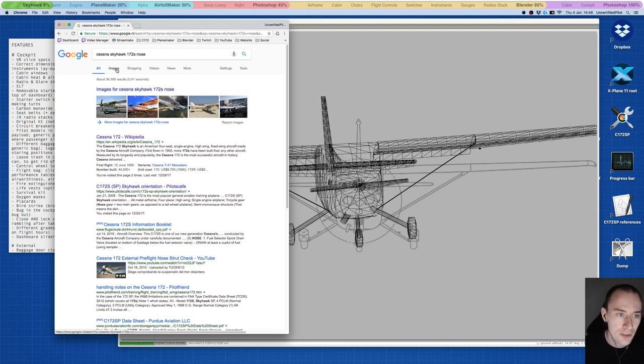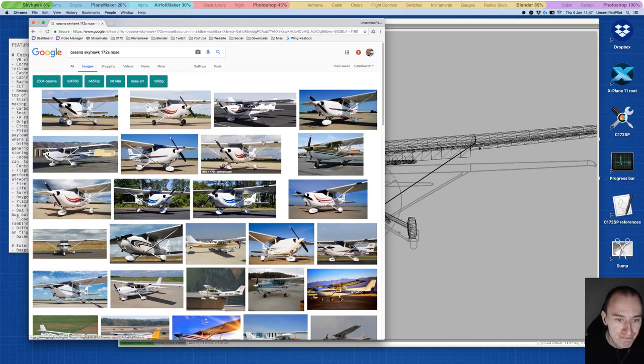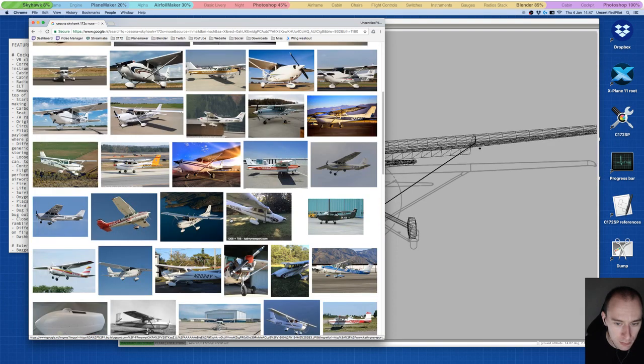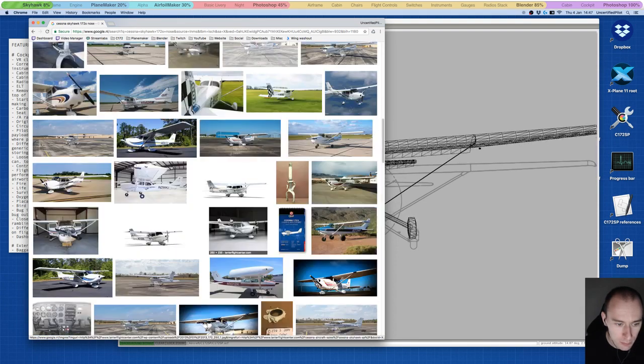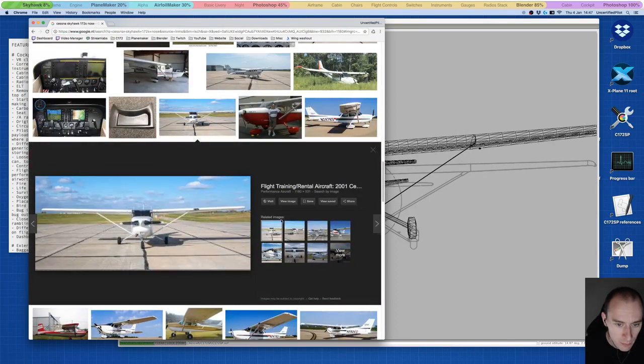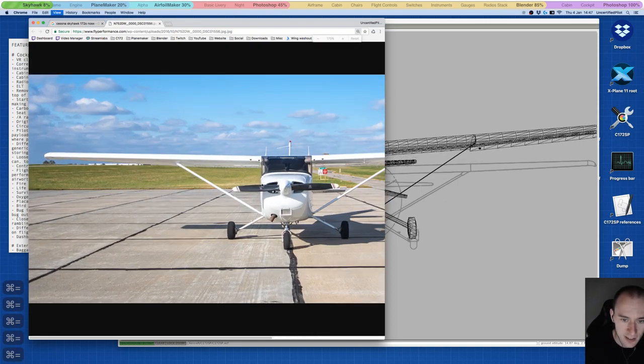It would be better just to find these pictures and put them in a folder, but just give me a nose. View image. No, it's not as far away as the strut, obviously. It's much closer. Interesting. It's here.